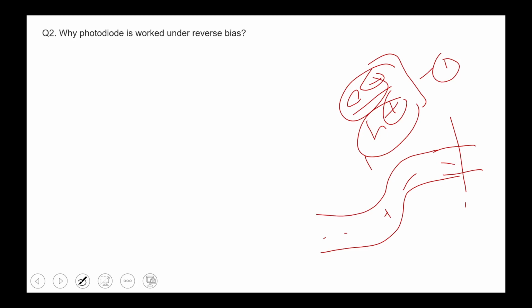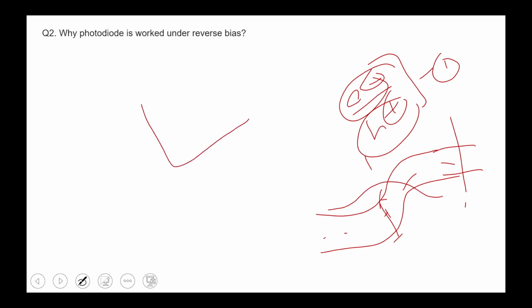Why do we use reverse bias? If I apply forward bias, positive voltage, will it reduce the barrier height or increase it? Forward biasing will reduce the barrier height. If it reduces the barrier height, then electrons will easily go to the collector side.